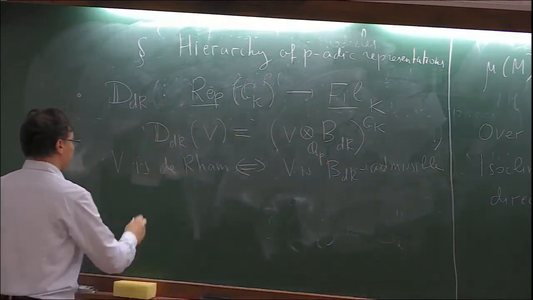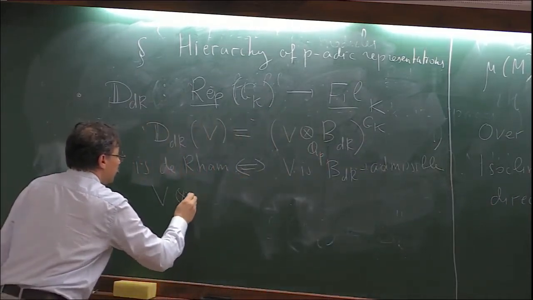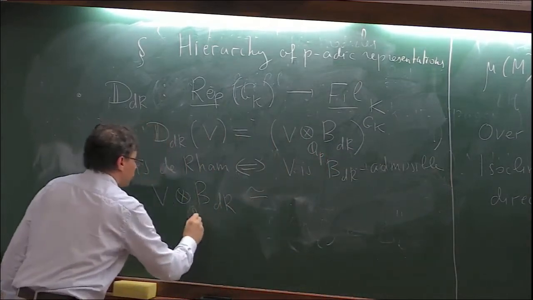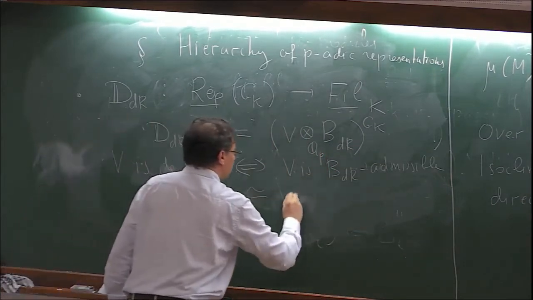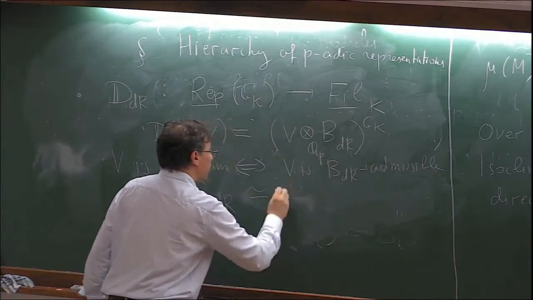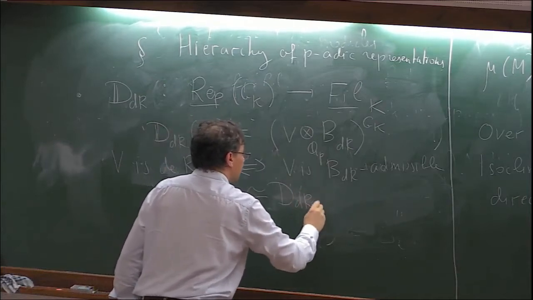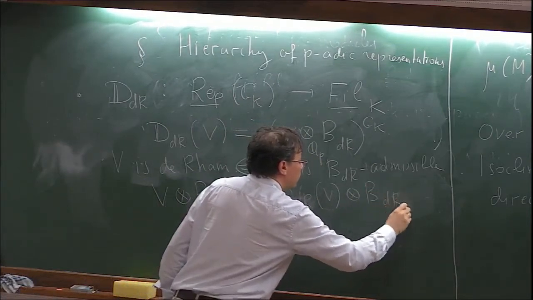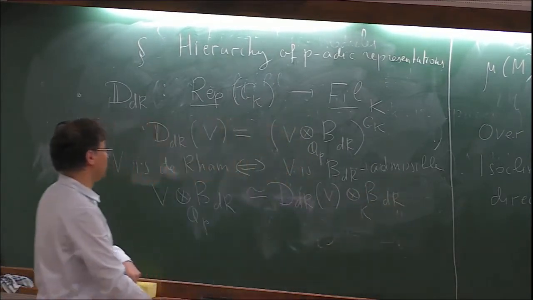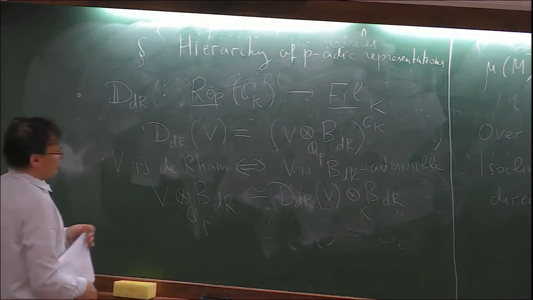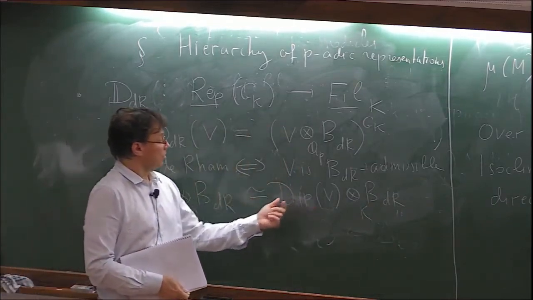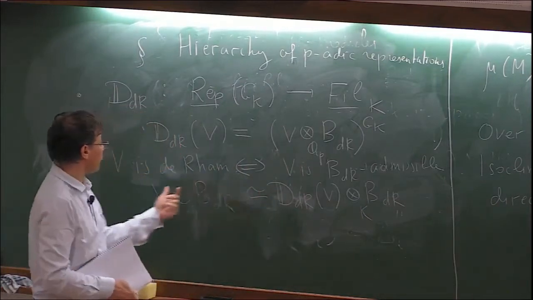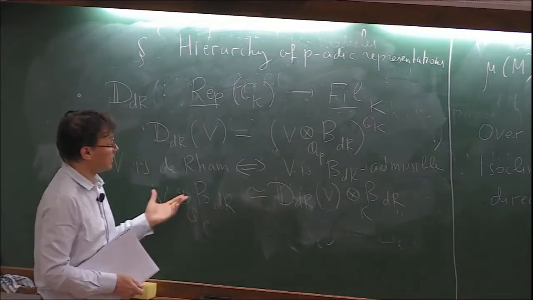And in this case, we have an isomorphism between V tensor B_dR over Q_p and D_dR(V) tensor B_dR over K. But if you know D_dR, we cannot reconstruct V from this isomorphism.